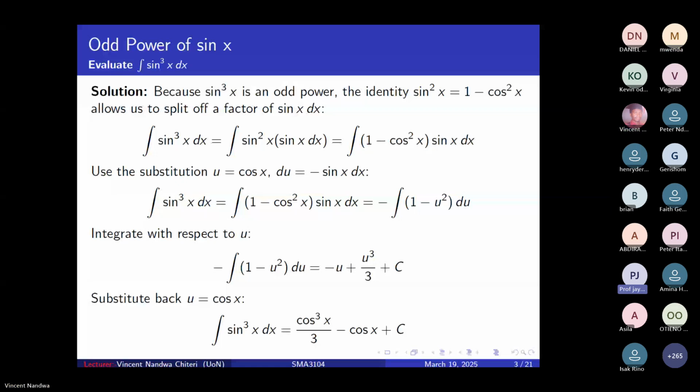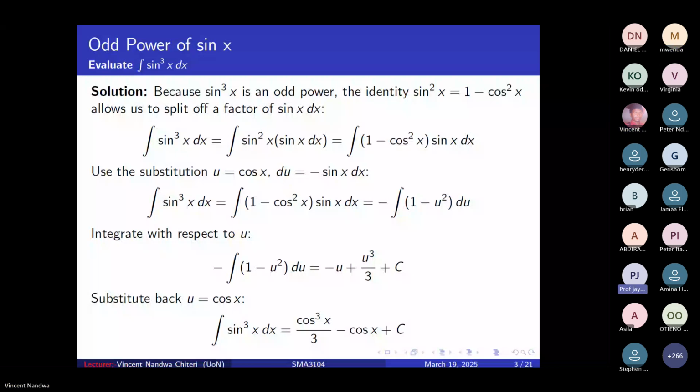We can see the screen, but we can't see what you are explaining. We are on the page of odd power of sine x.